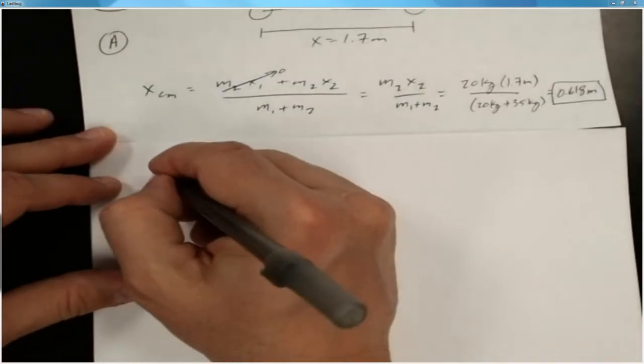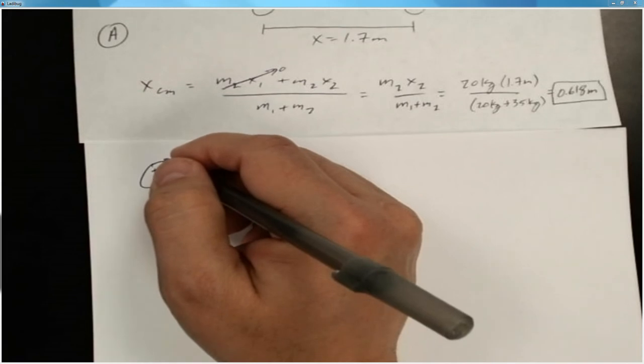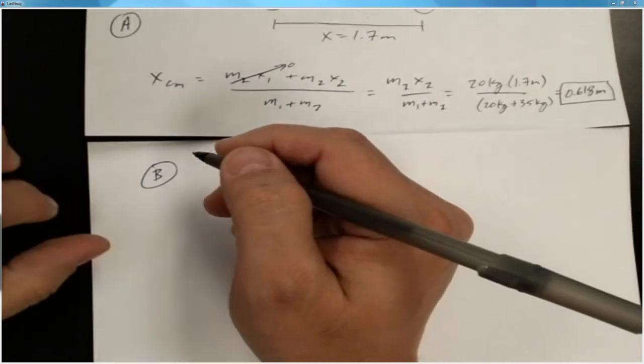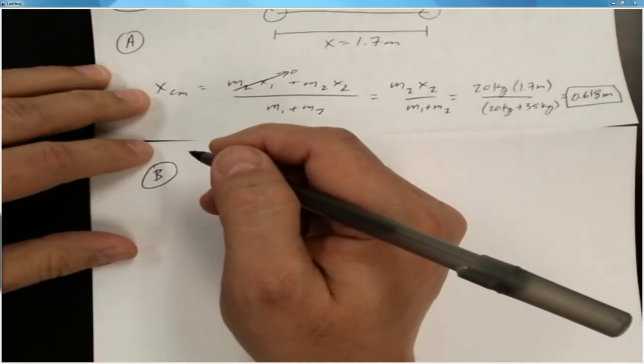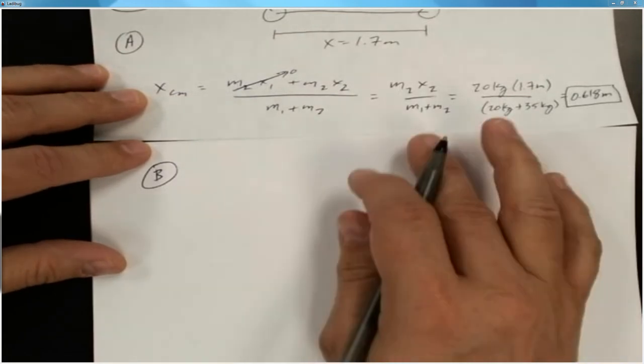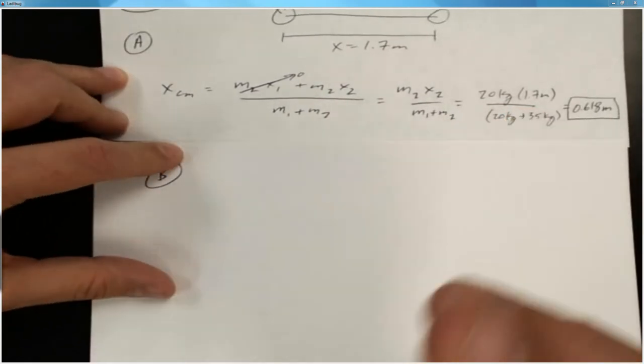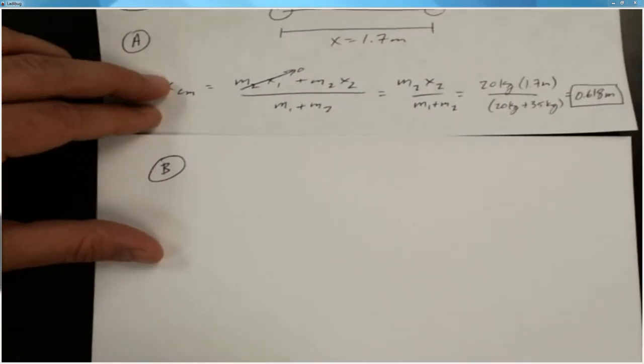Okay, let's go on to part B. If you ignore, no, that's part A. Where is the center of gravity if the 8 kilogram mass of the barbell is taken into account? So the barbell has an 8 kilogram mass.